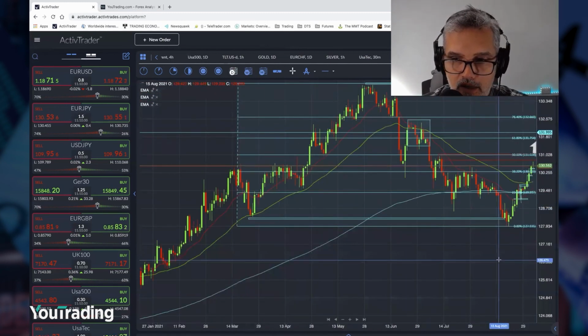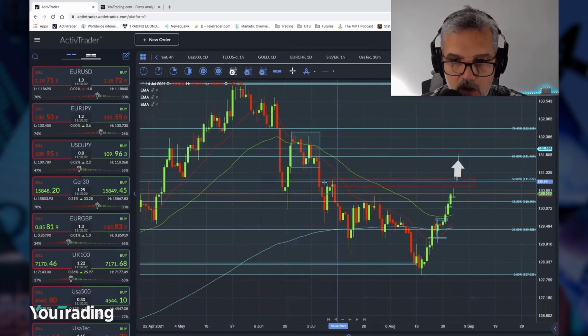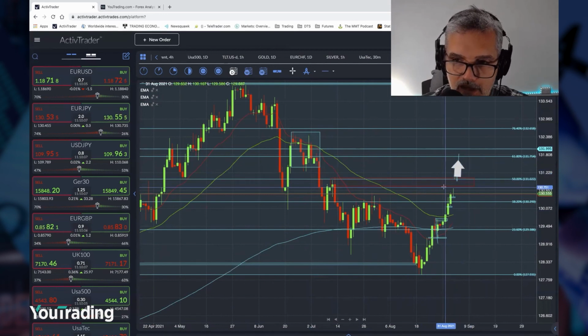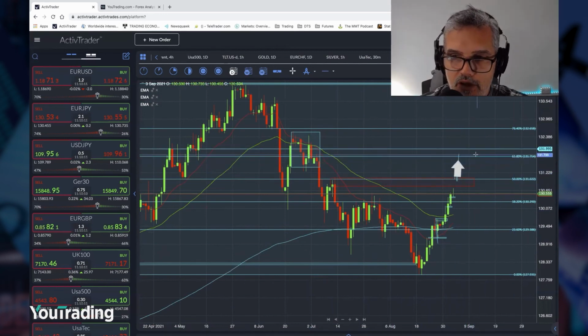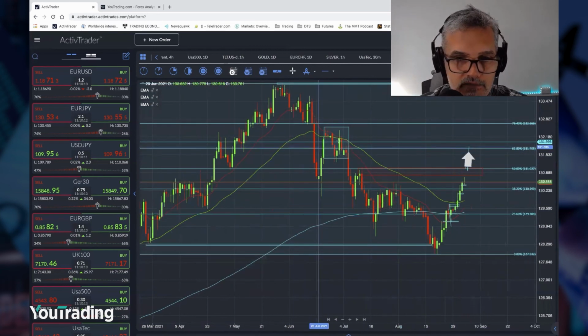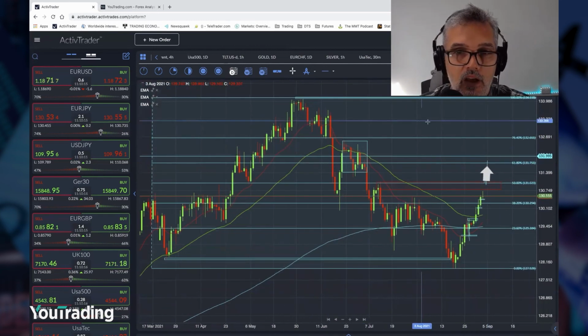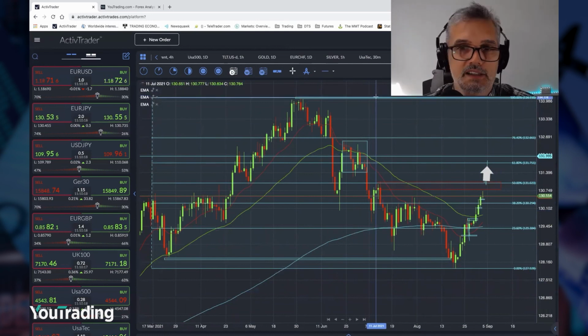But now it's just looking for the euro yen to get above the swing high, get above the 50, and then see if we can target the 61.8% retracement, the 132 level, and then just see what happens from then on. All right, that's the breakout retest continuation trade.